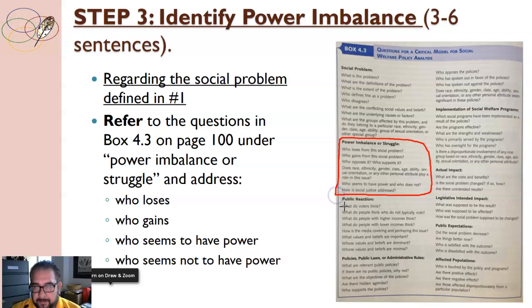And so I would look at these questions here and try to answer some of these questions. In the guidance, it says who loses, who gains, who seems to have power, and who seems not to have power. So those are the questions that you would answer in regard to the power imbalance.